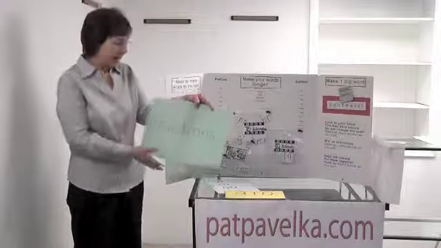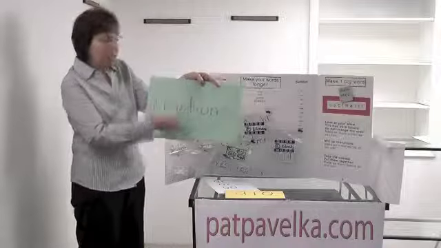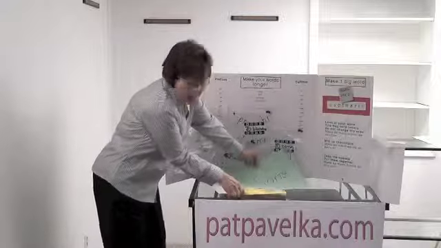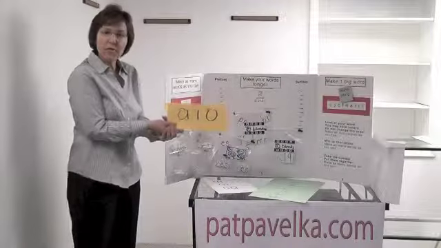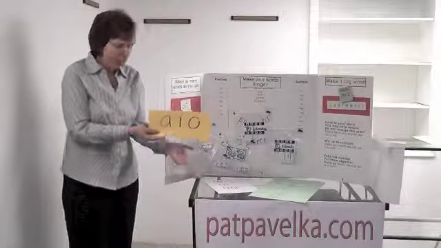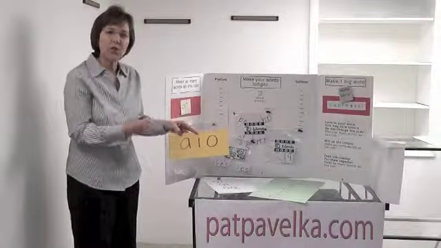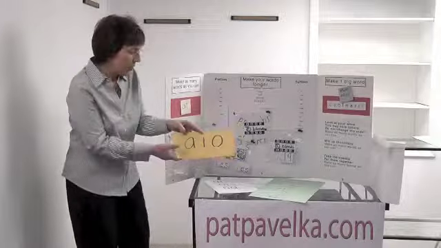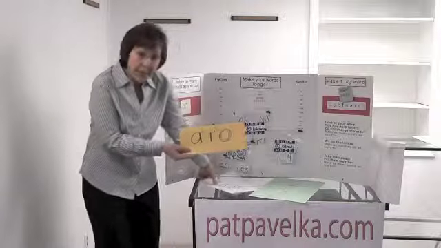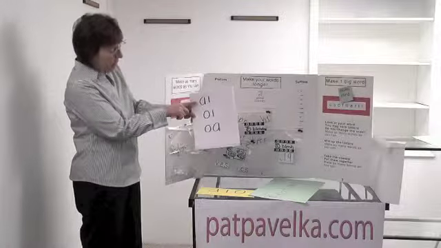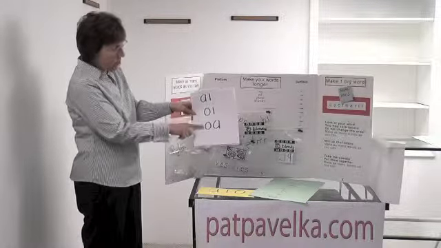Option 3 is to take this word and pull out the vowels. So for example, these are the 3 vowels that were in the word fractions. We want students to look at these vowels and decide which vowels you would see together in words. From these 3 vowels, we came up with these 3 patterns: A-I, O-I, O-A.